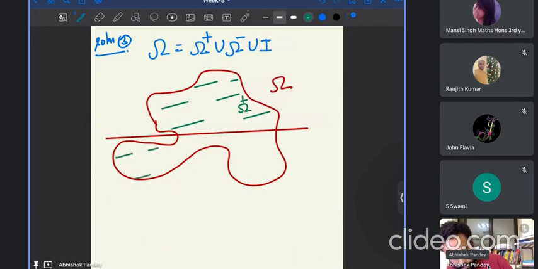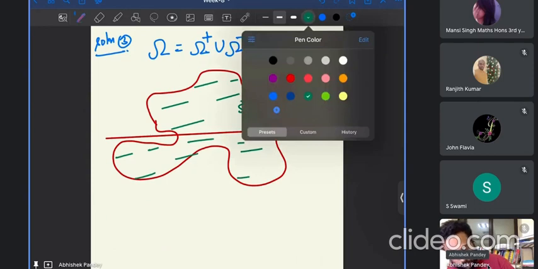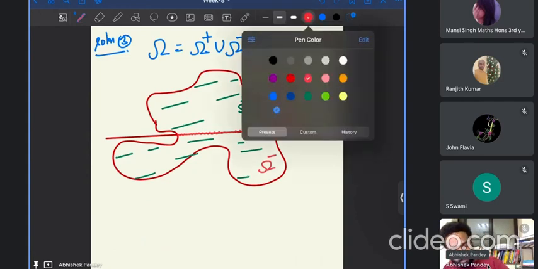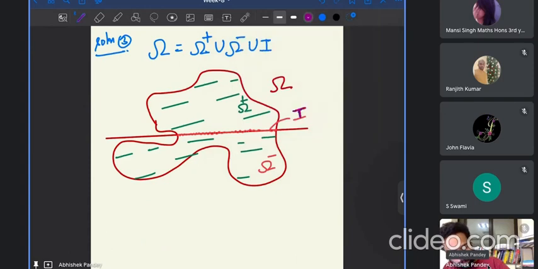This part is your Omega minus, and this thing I am calling I. So I hope it is clear. So this is your I, and this is Omega minus.